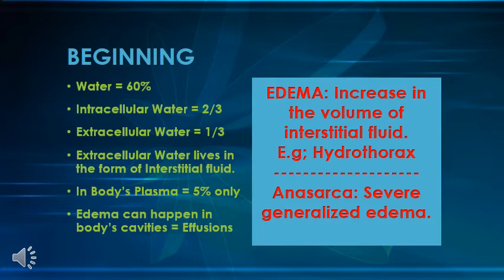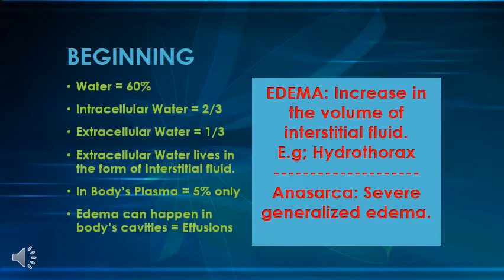Then edema can happen in the body's cavities. Now, the location where we can observe edema: edema can happen anywhere in the body. What is edema, we will define in our next slide. Edema can happen in any part of the body.